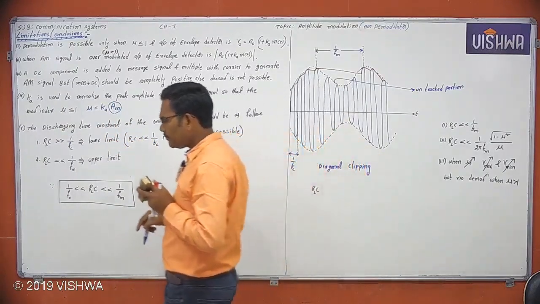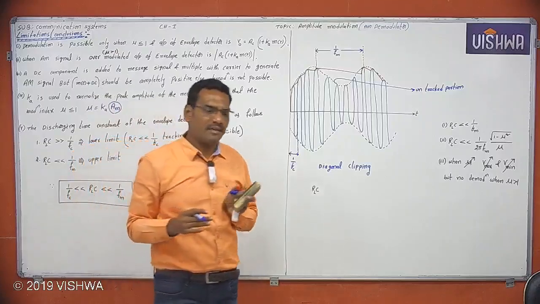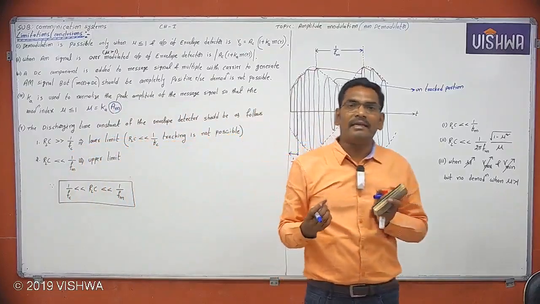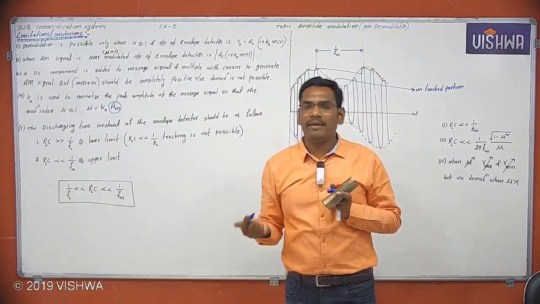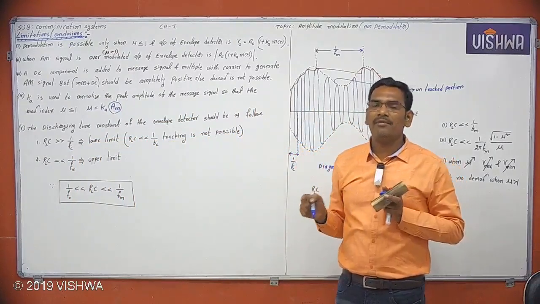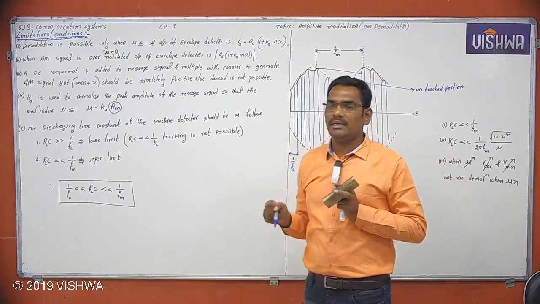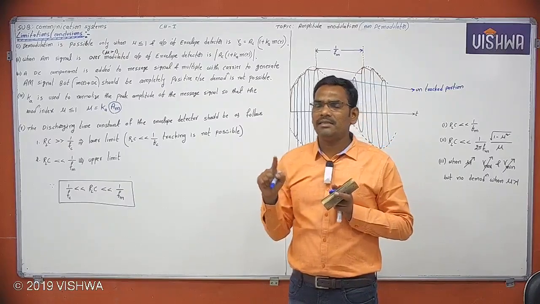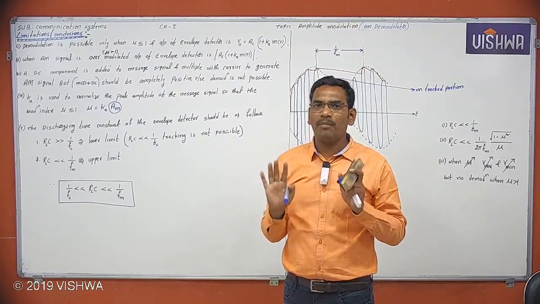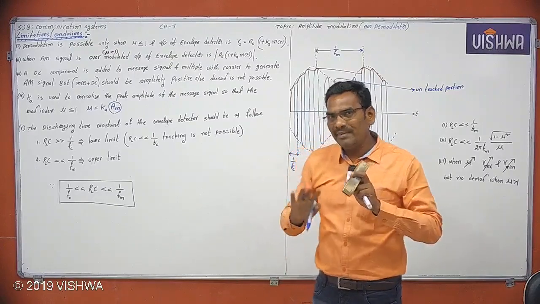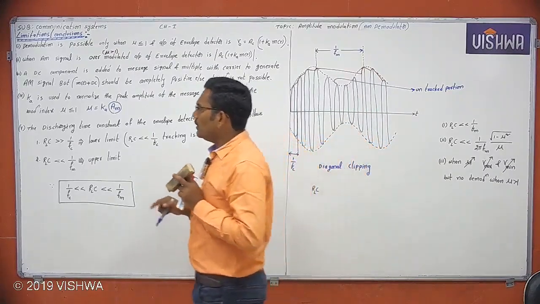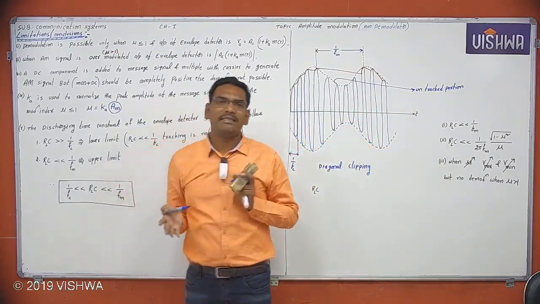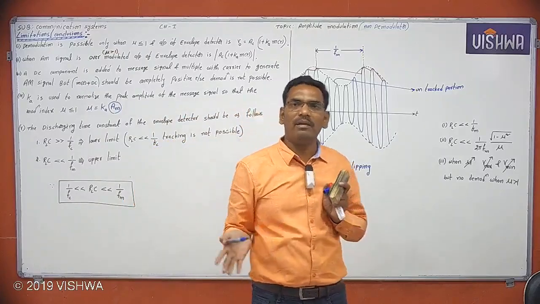Next, what is the concept of the envelope detector? The envelope detector is tracking. It will track the envelope of an AM signal, because the envelope of an AM signal is nothing but the message signal. So the charging and discharging time constants should be proper in such a way that you can get back that envelope. The charging time constant should be as low as possible, and it is already low.